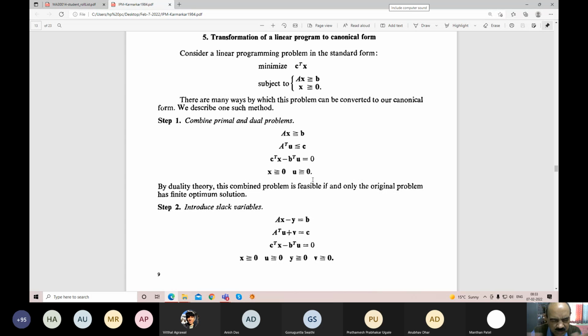Members means activities or components. So X and U, or X and Y. What is Y? According to their problem, Y is nothing but the lambda. Lambdas are the multipliers, and the multipliers are nothing but the dual variables.